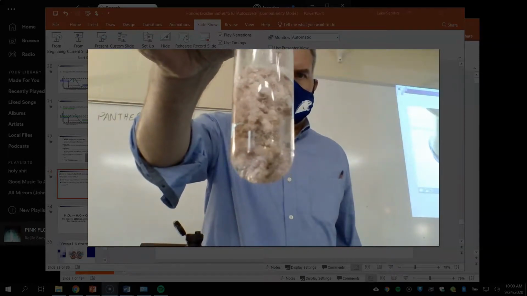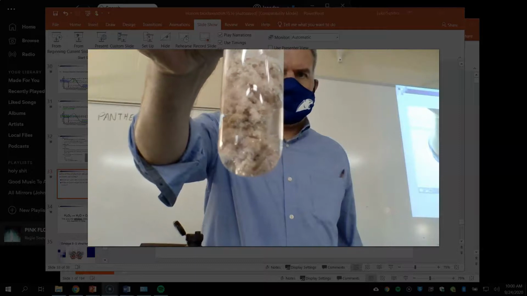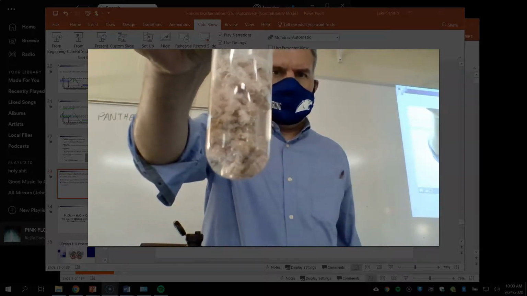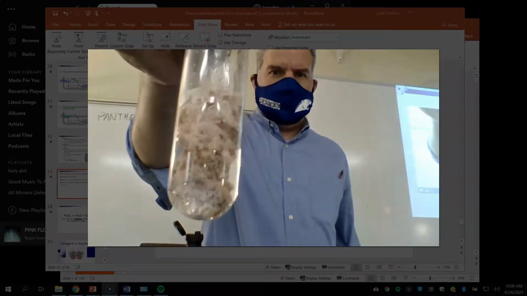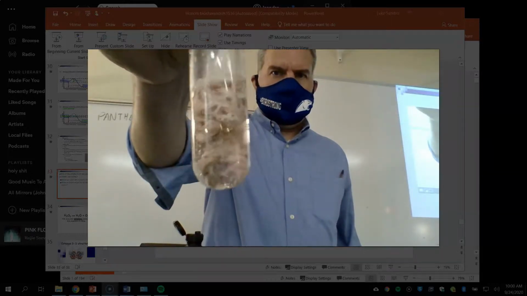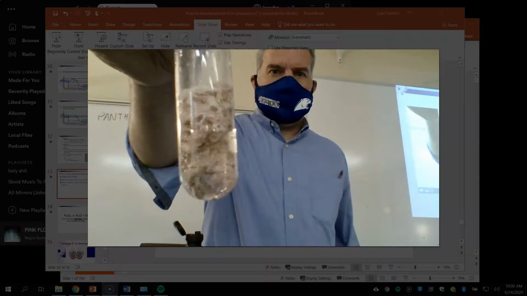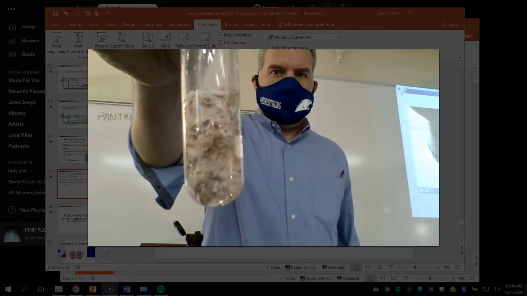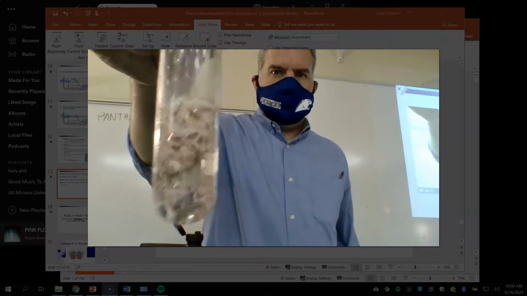Okay, there are bubbles. There are definitely bubbles. But I would say slightly less than in the cooked ground beef.